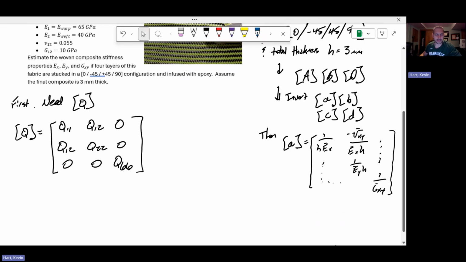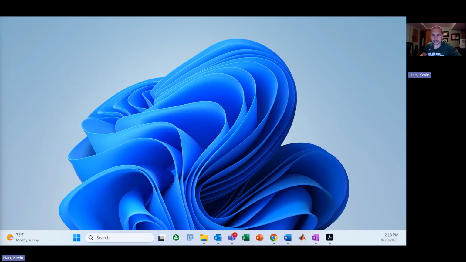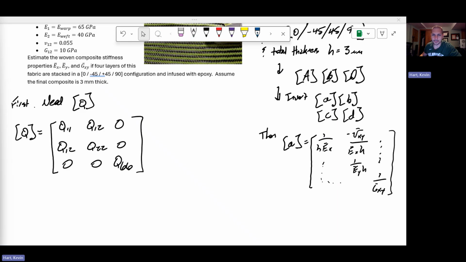And in your equation sheet, I'll get the equation sheet up here really quick, it shows how to calculate those entries of Q directly. Now, you can calculate them directly, or you could calculate the compliance matrix S and then invert that. So the Q matrix is also S inverse. If you like calculating S better and just inverting that, you could also do that. But let's get the equation sheet out here and I'll show you the calculations that you would need to do to get this.